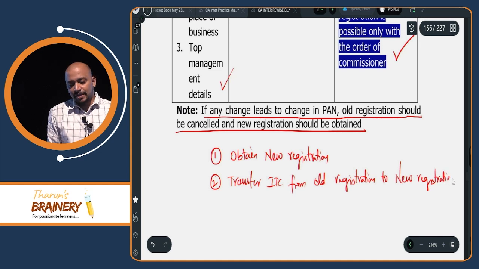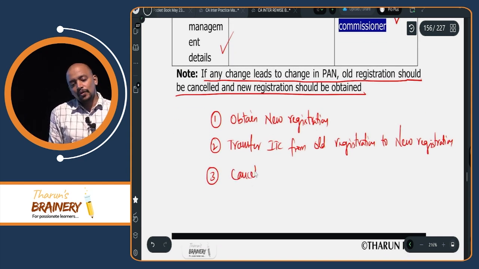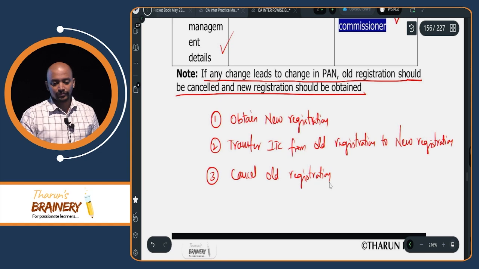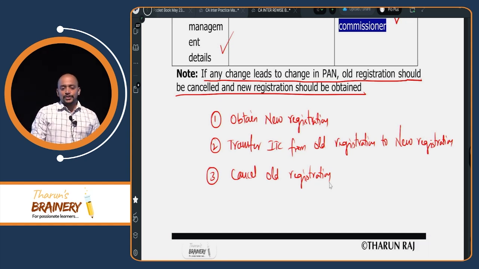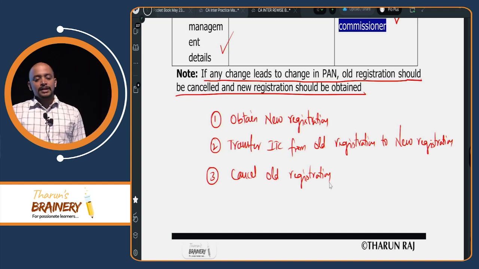Then 3, cancel old registration. Obtain new registration, transfer ITC from old to new, and then cancel old registration.